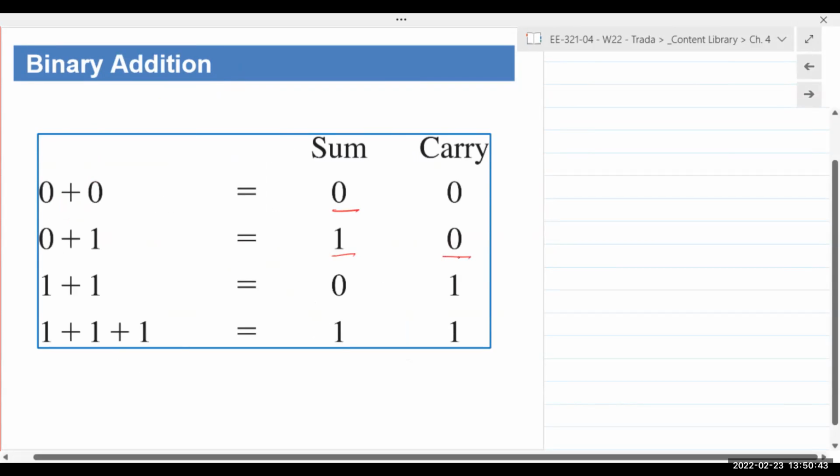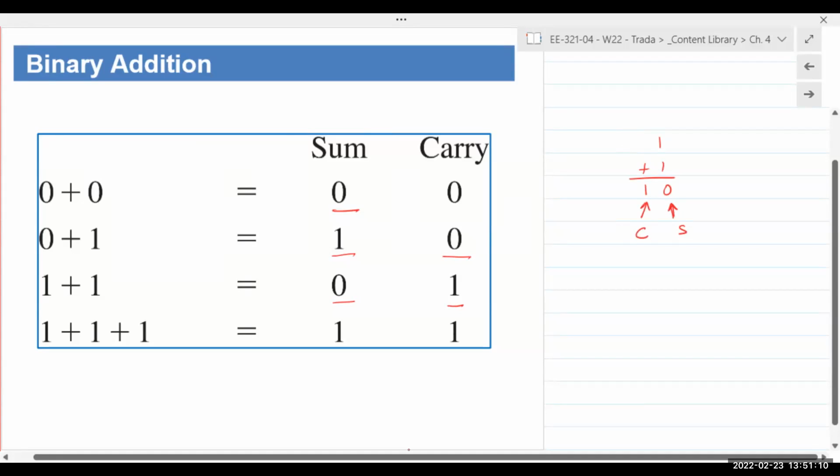Carry is 0. 1 plus 1 gives you 1, 0. So 1 plus 1 would become 1, 0. This would be known as the sum. This would be known as the carry.